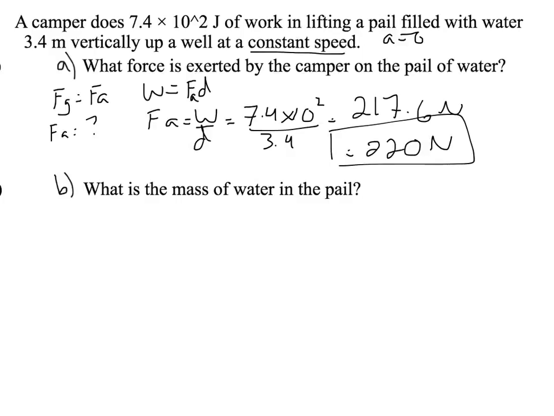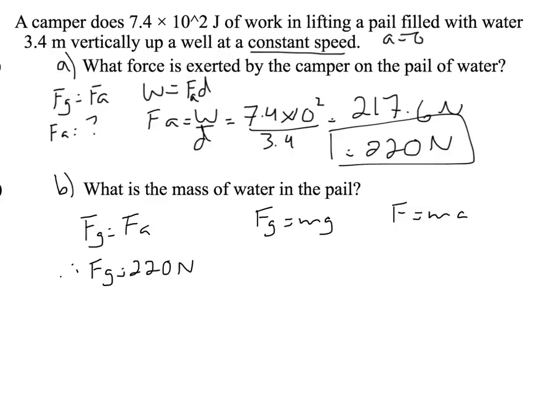B, what is the mass of the water in the pail? So we know that Fg equals Fa, which we just found. Therefore Fg equals 220 newtons. We know our equation, Fg equals mg, or maybe you've seen it as F equals ma.